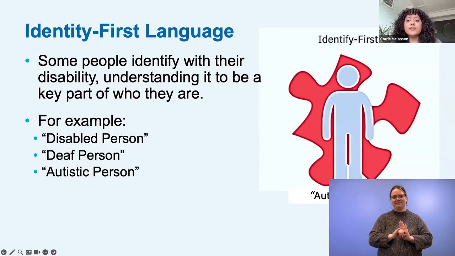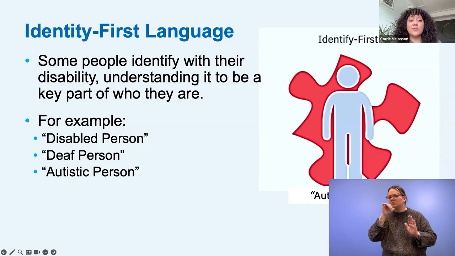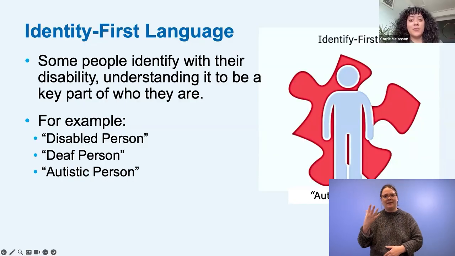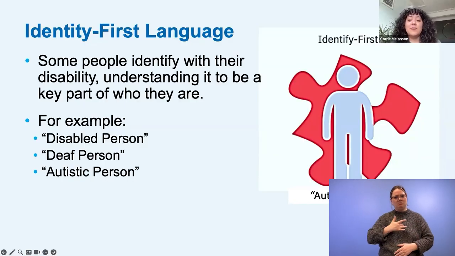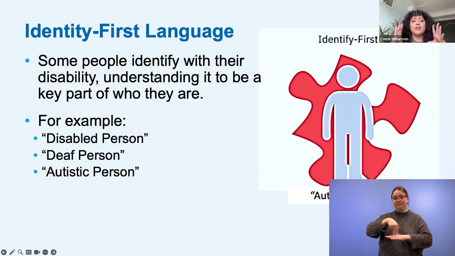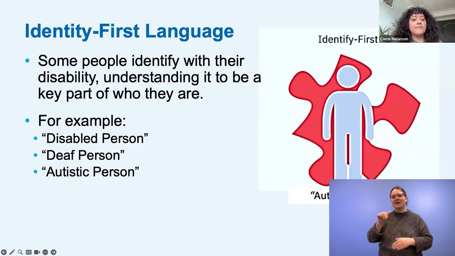So you may notice some disabled people making the comparison to other identities, saying you would not refer to someone as a person with blackness or a person with whiteness. Rather, you would say a black person or a white person. And yeah, so on the slide, there's an image of a stick person surrounded by a piece of a puzzle. So they're kind of like inside the puzzle piece. And the puzzle piece represents their disability. And in this case, this image is of an autistic person.